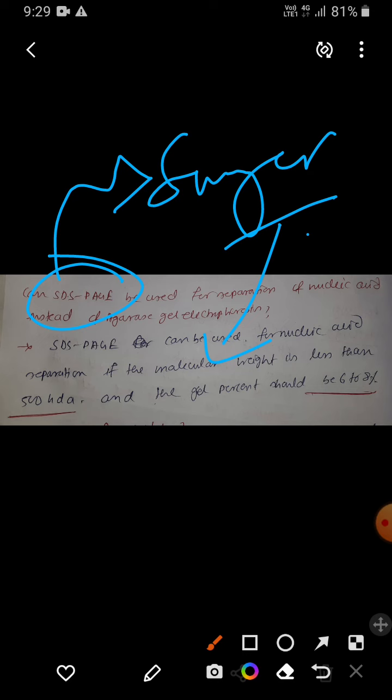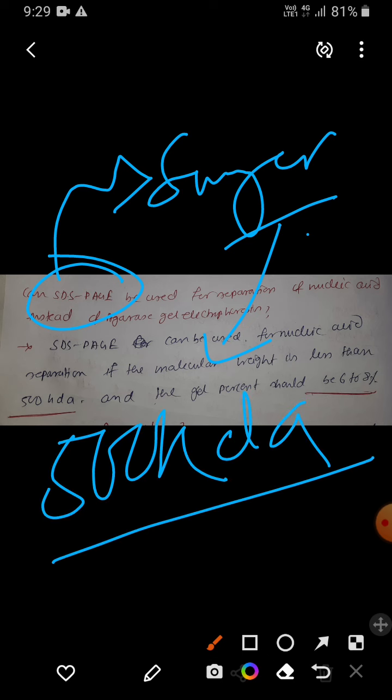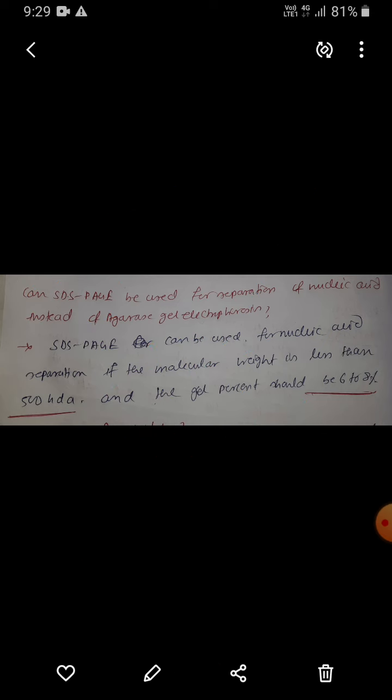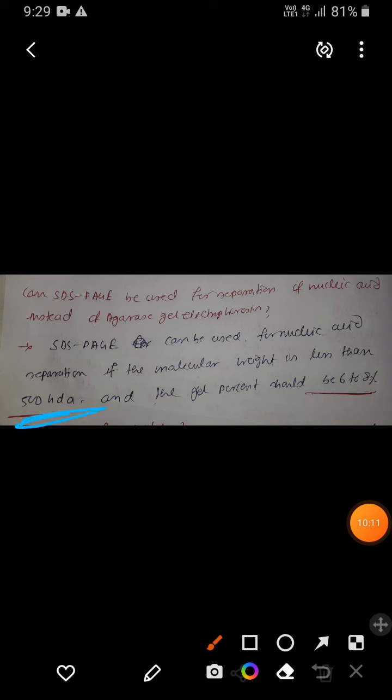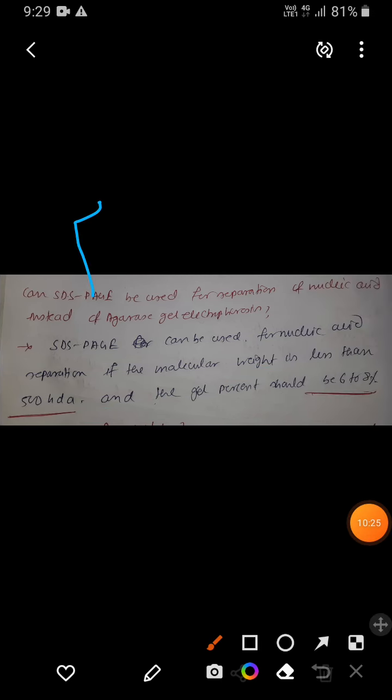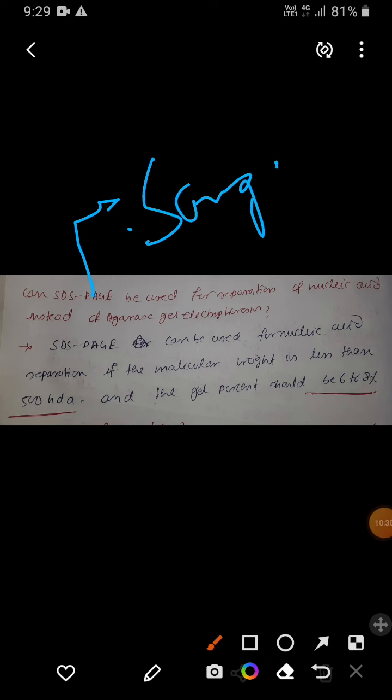So that means we can use SDS PAGE during nucleic acid separation, but the condition is the molecular weight should be below 500 kilodalton and the gel percentage will be 6 to 8%. So that is the condition that you need to remember in your mind, that if the molecular weight is less than 500 kilodalton, by using the gel concentration 6 to 8%, we can use SDS PAGE for nucleic acid separation. And one application of SDS PAGE in nucleic acid separation is the Sanger's method of DNA sequencing.